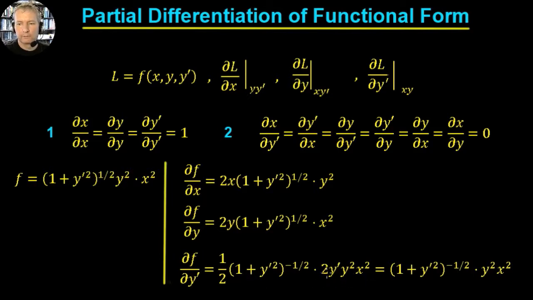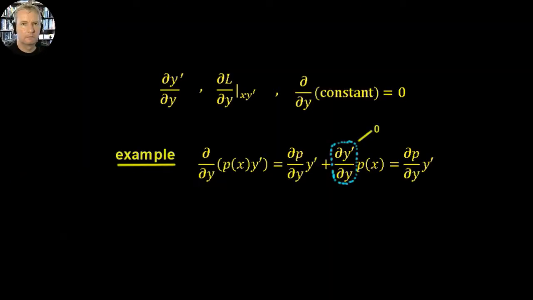So our 2's cancel out here, and we'll be left with 1 plus y derivative squared to the minus a half times y derivative times y squared x squared. So that gives us the differentiation of this little functional form here. So let's look at another couple of examples on the next page.